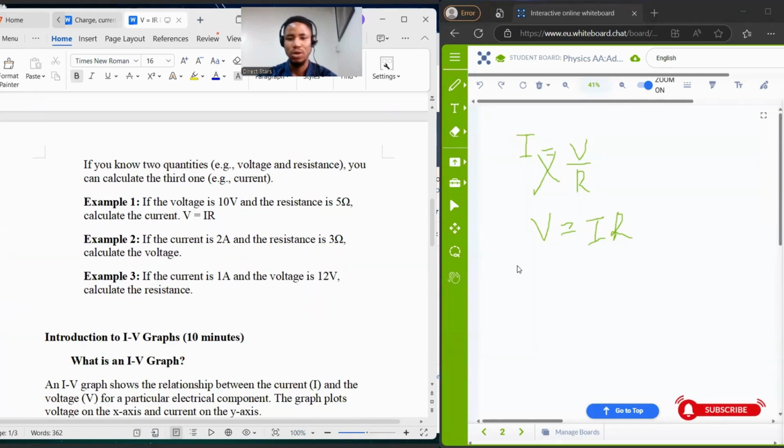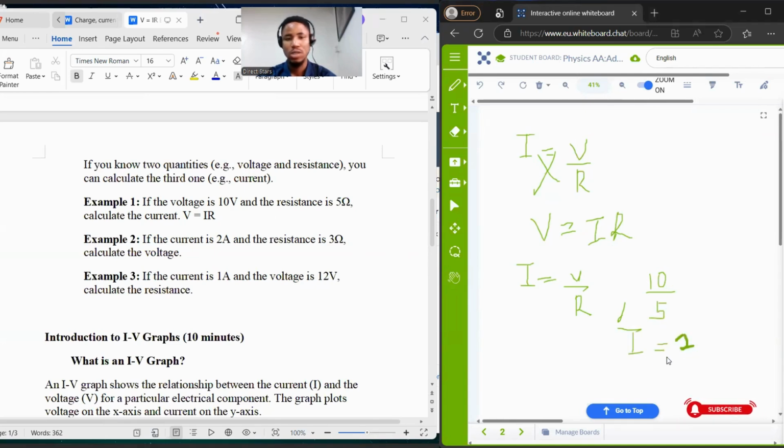We want to look for I, and remember that I equals V over R. The voltage is 10 and the resistance is 5, so 10 divided by 5, then I equals 2.